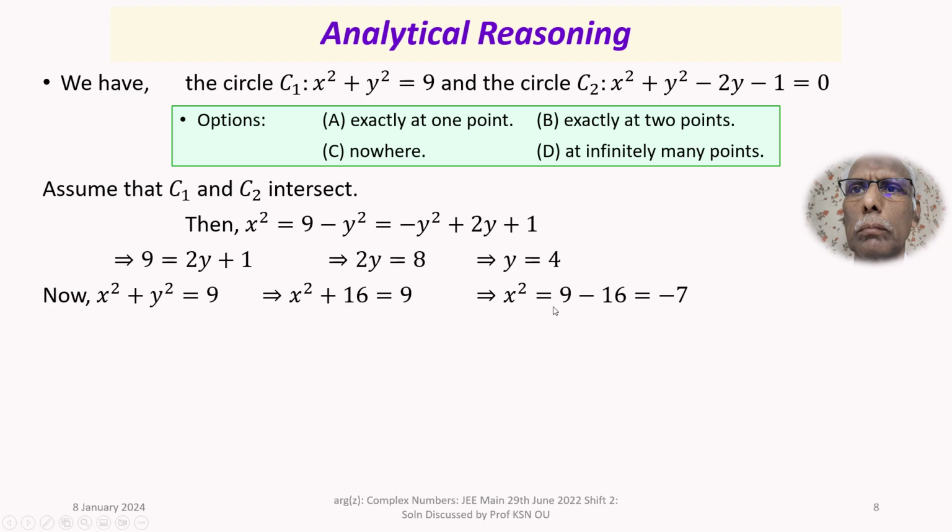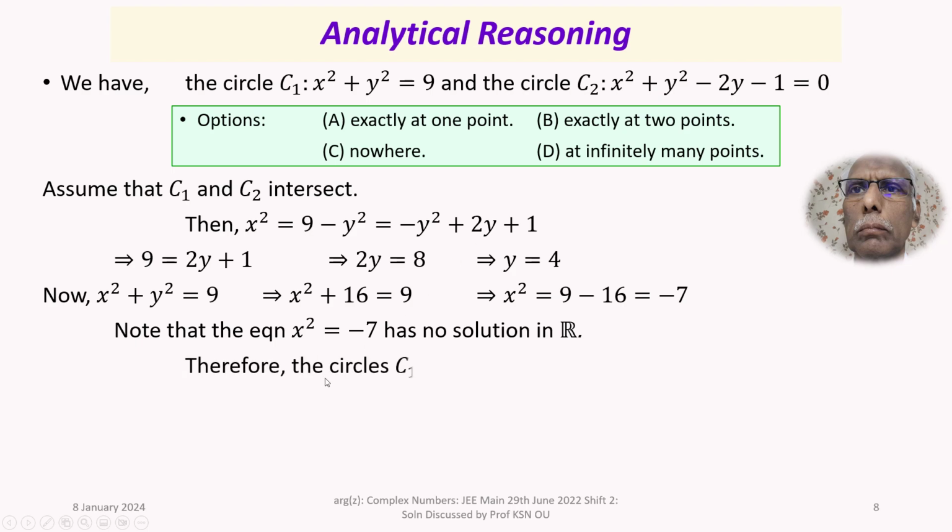No, no real number satisfies this equation. So the equation x square is equal to minus 7 has no solution in R. That means our assumption that C1 and C2 intersect is not true. So the circles C1 and C2 do not intersect at all.